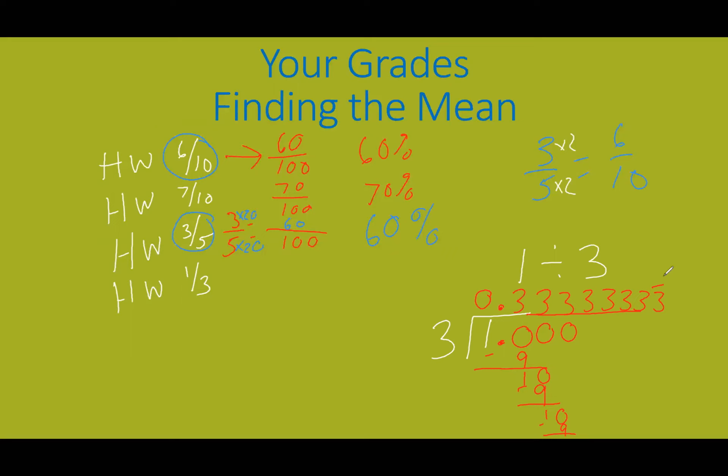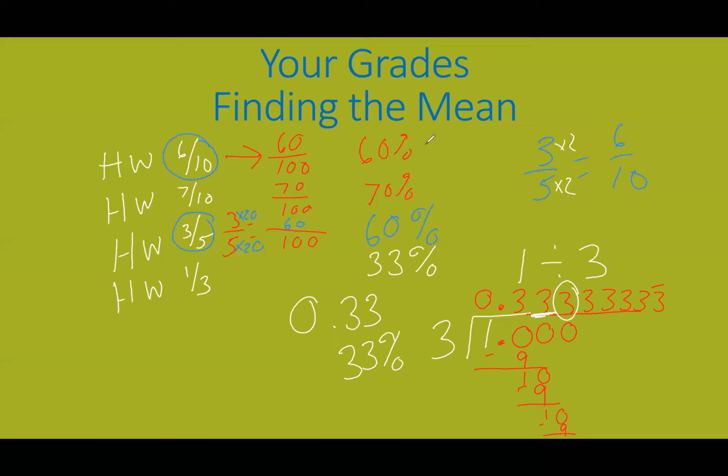No, you wouldn't say that. What you're going to do is round it to the nearest hundredth. So let's look here. It says stay the same. So it's going to be 33 hundredths, which is 33%. So this becomes 33%.